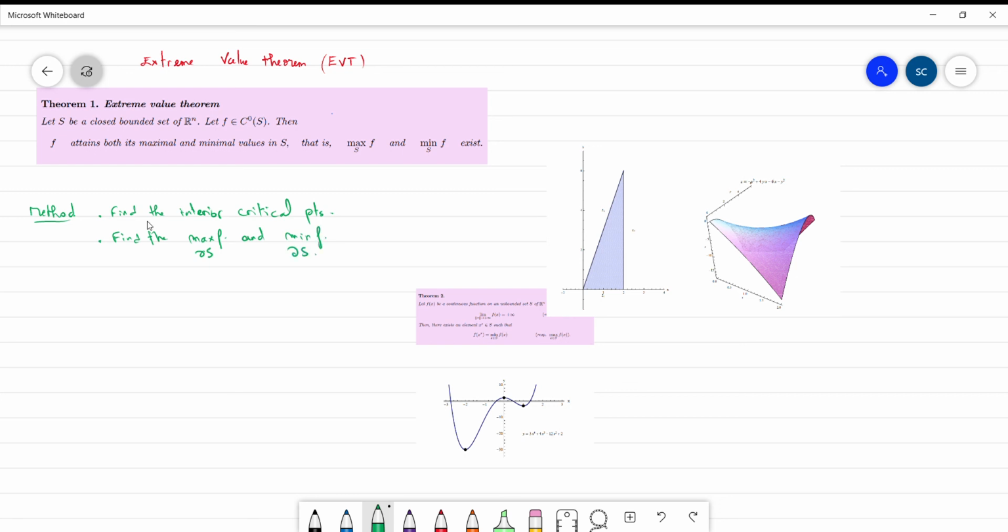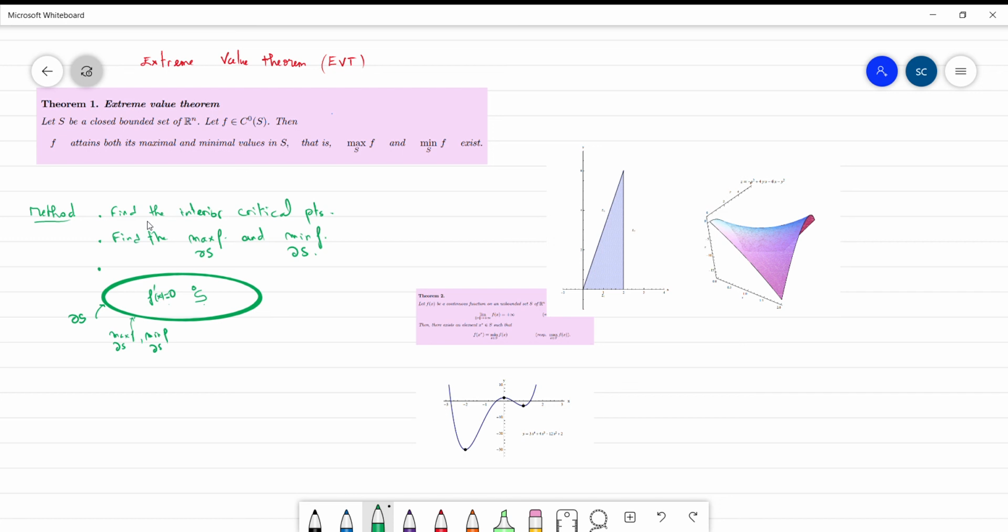We know that because, here is my set S, either I am here at the boundary, or I am inside the interior here. So in the interior I will look for f prime x equals 0, and on the boundary ∂S I will look for the maximum of f on ∂S and the minimum on ∂S.